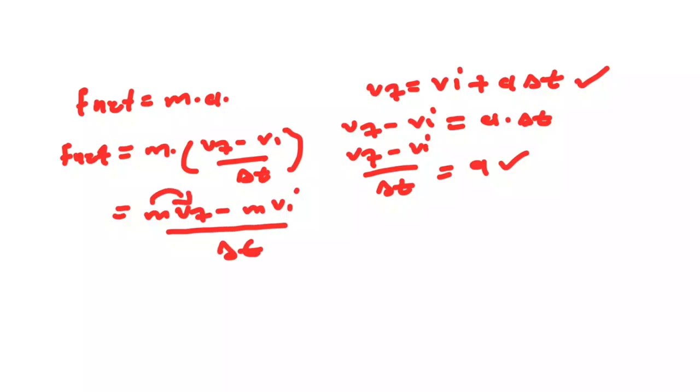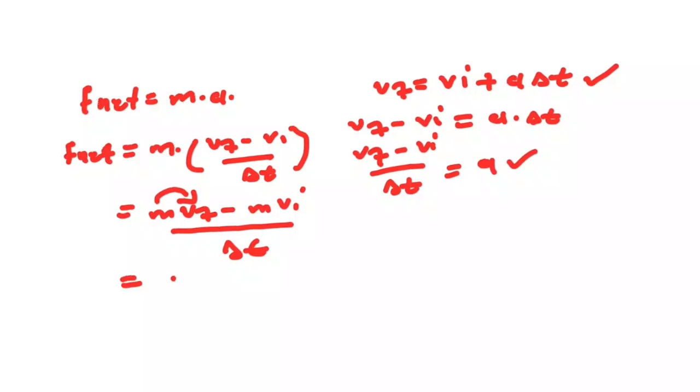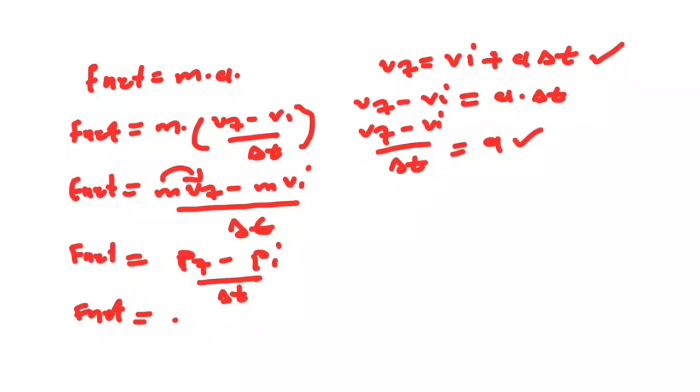That is momentum, right? So we have momentum final minus momentum initial divided by the change in time. So F net is just change in momentum divided by change in time.